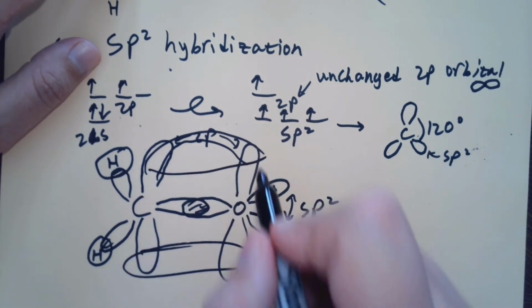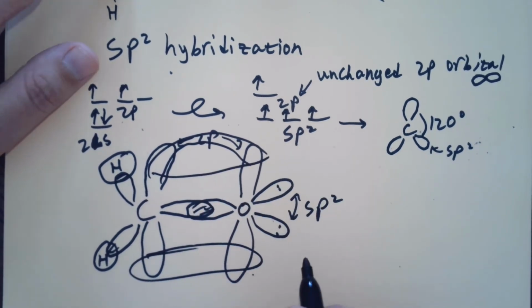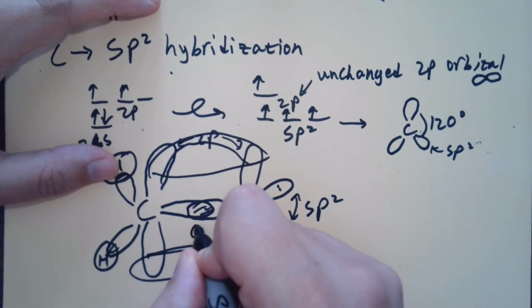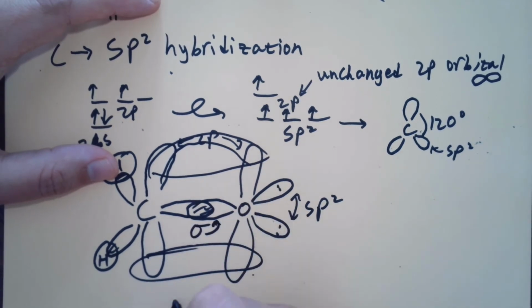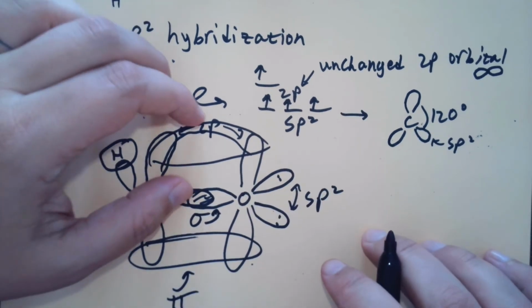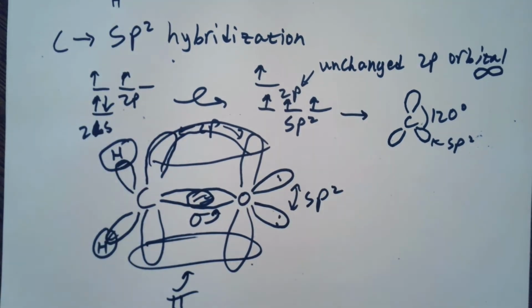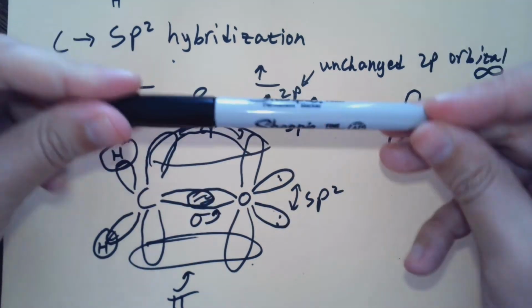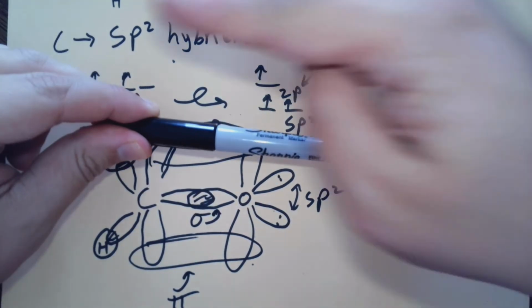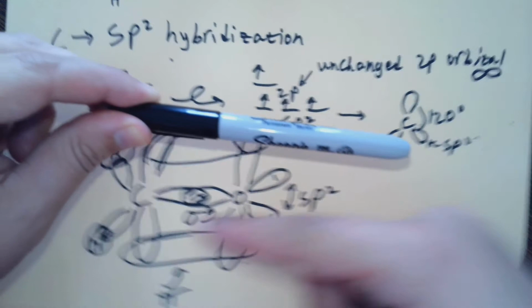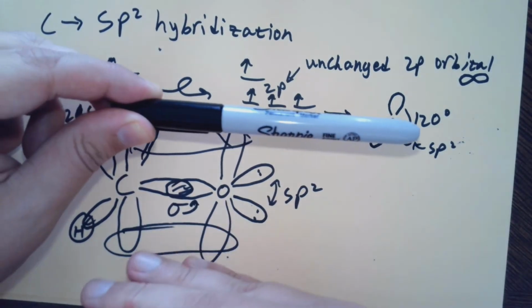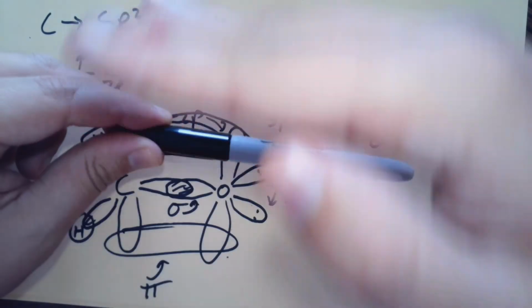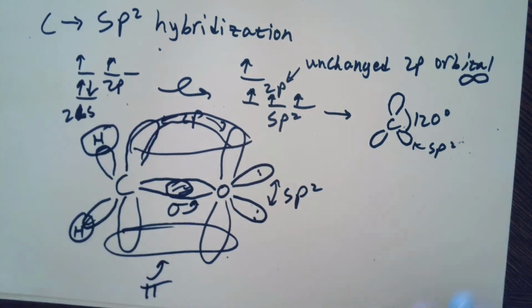Okay? And so what we get is we have a sigma bond here, and then we have a pi bond that's half above and half below. And so we have the carbon and the oxygen with a single bond, and then above that is half of a pi bond, and below that is half of a pi bond. So they're not being shared in the middle, they're being shared above and below the atoms.